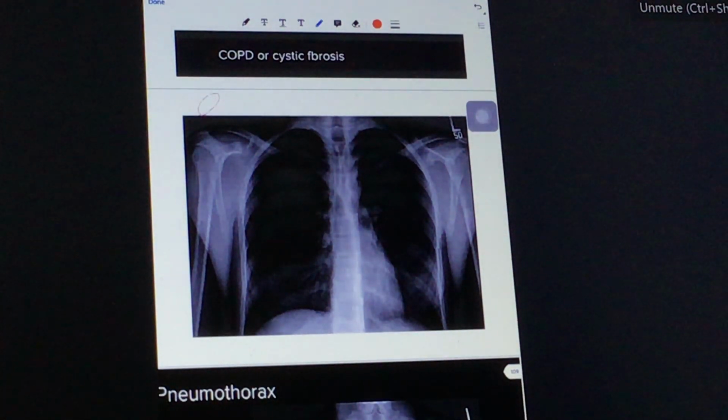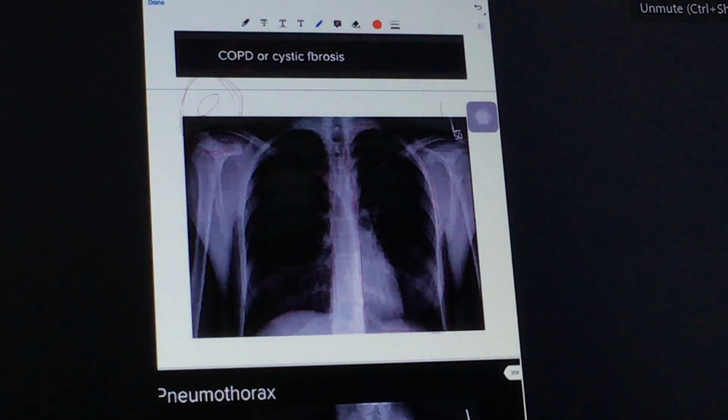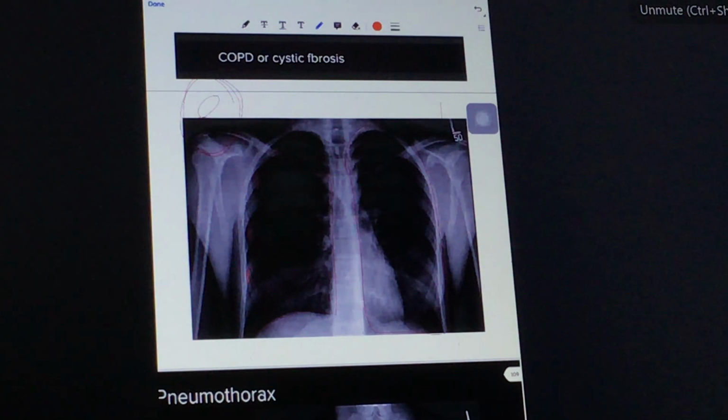Right. Because you can see the lungs here become small, while the normal lung is supposed to look like this. And you can see there is a full blackness of this area, meaning there's air in between the ribs, or air, if you want to imagine it, between this rib cage and the lungs.